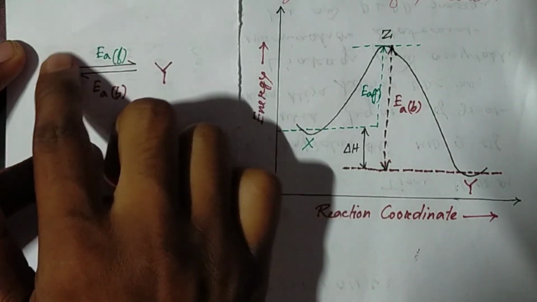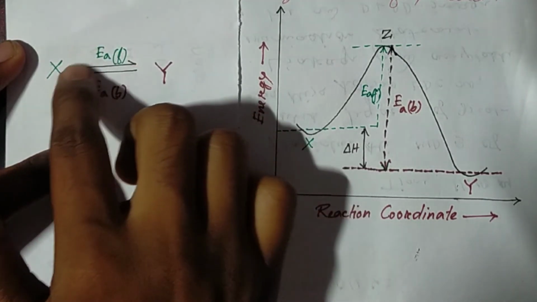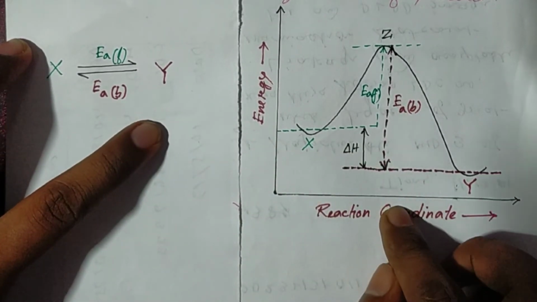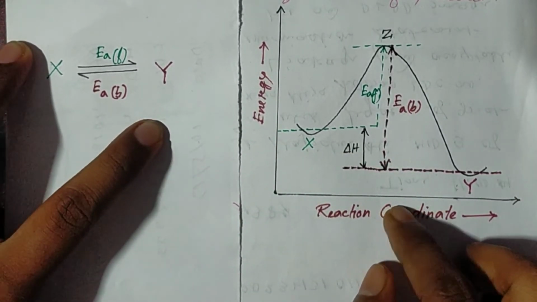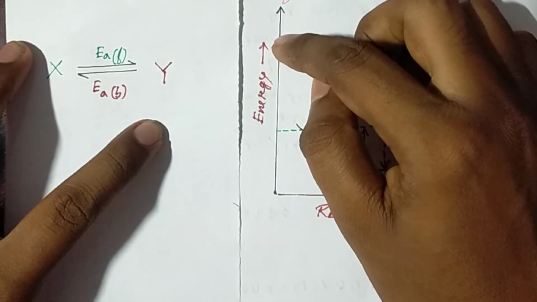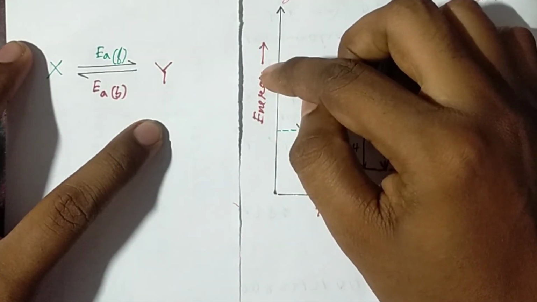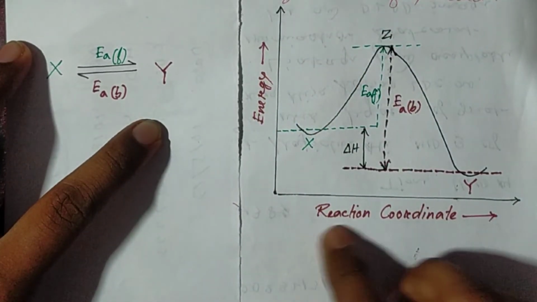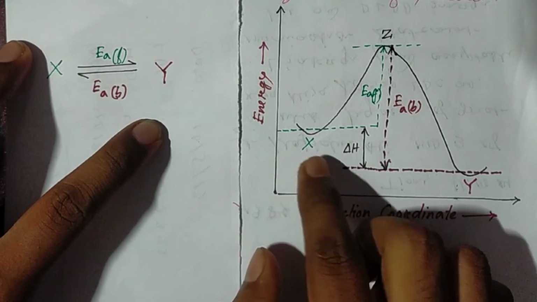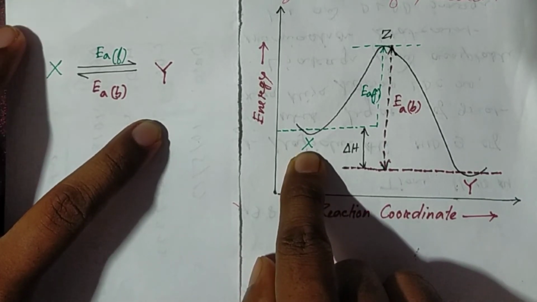To understand this reversible reaction, we have to see this graph. In this graph, energy is in the y direction, and this is the reaction coordinate, and X is the reactant here.